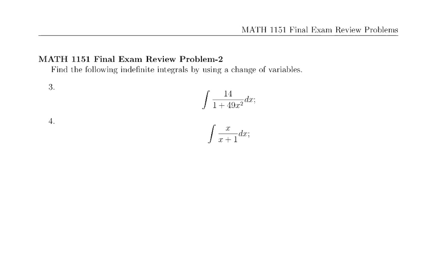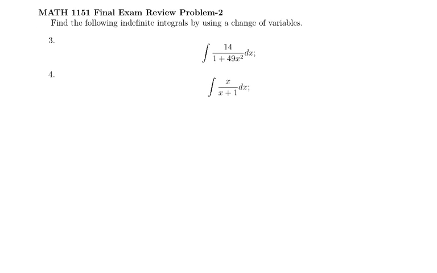Now we're going to look at the third problem. Before we actually do this problem, we're going to make some observations about this function. On the numerator it is just a constant 14, but in the denominator it is 1 plus 49 times x squared.